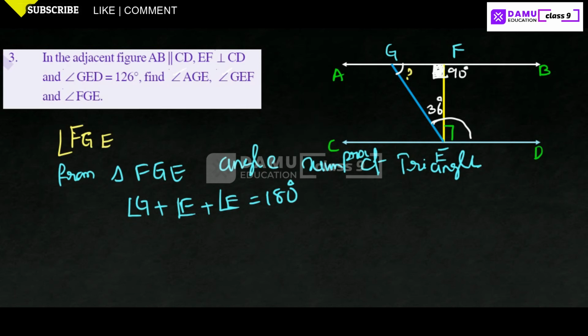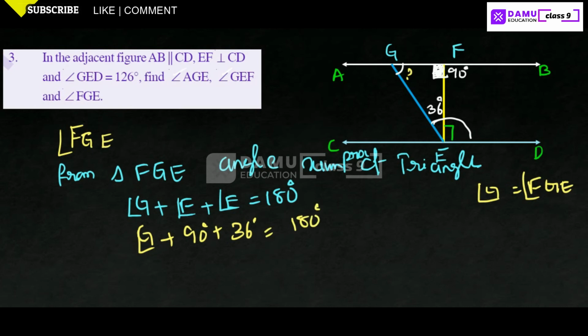Angle G is nothing but angle FGE. So angle G plus angle F, which is 90 degrees, plus angle E, which is 36 degrees, will be equal to 180 degrees. Then angle G will be equal to 180 minus 126 degrees, which is 54 degrees. Like this also we can solve, or we can go with another method.